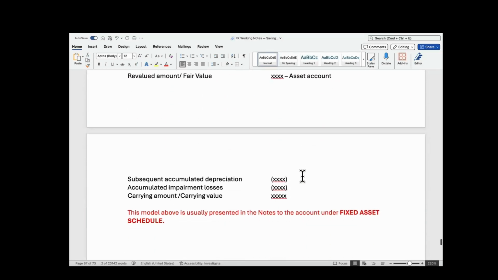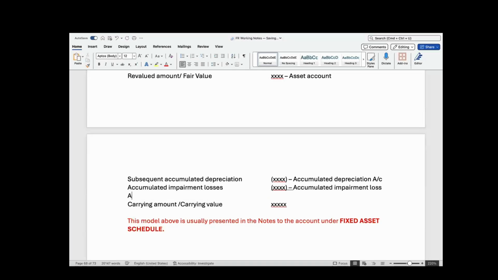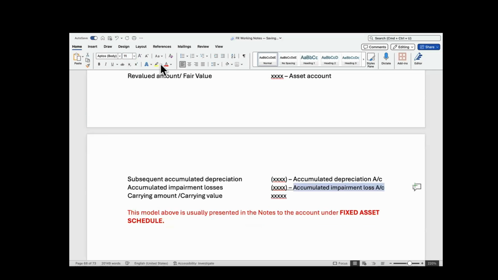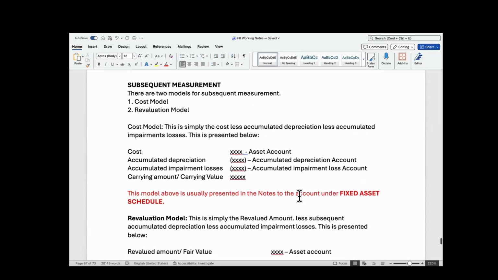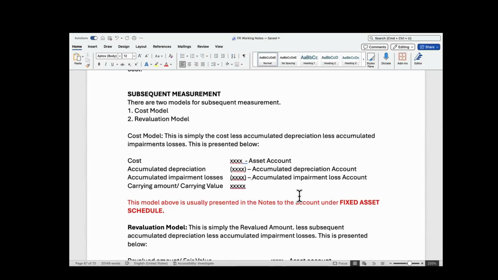This is the accumulated depreciation accounts. This is the accumulated impairment loss accounts. So that is the model. Those are the models. That's how they really work.